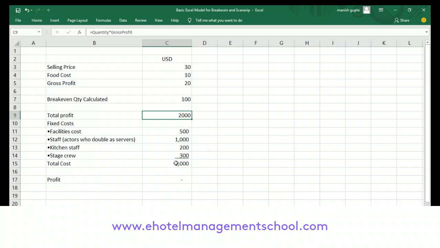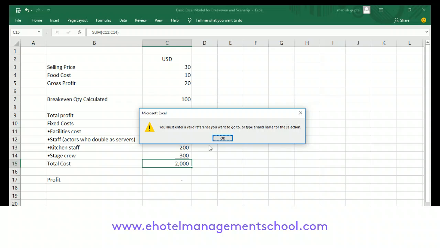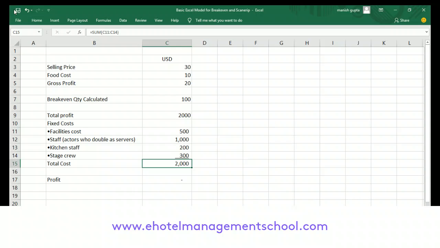Facilities cost we know already. We have not named this cell, so let's name this cell as fixed cost. Oh sorry, you should not be using a space in the naming. Fixed cost, right? So the profit will be our total profit minus fixed cost.